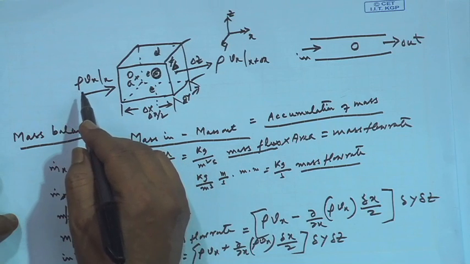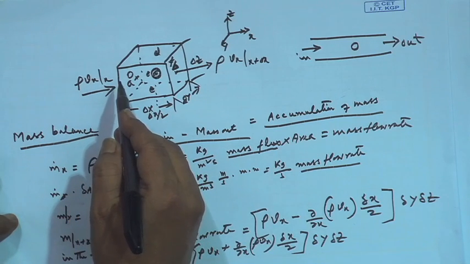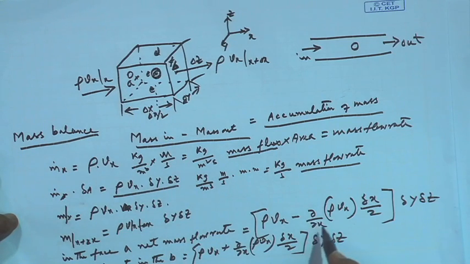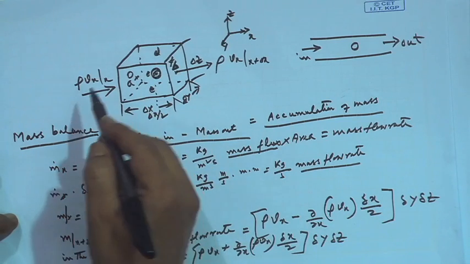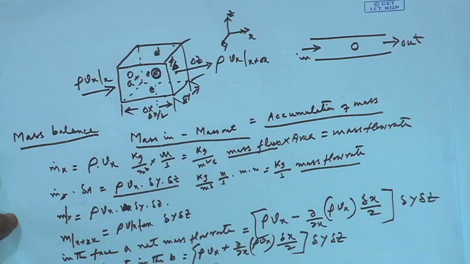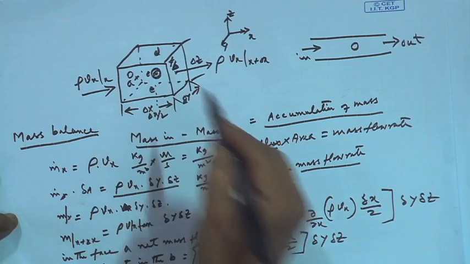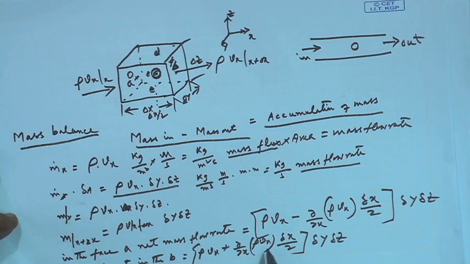So this was rho Vx which has come at the face x, but this del x of rho Vx del x by 2 did not come, so that is why it is minus. And at the face B, rho Vx has come plus this much has come from there due to the distance. So del x of rho Vx del x by 2 del y del z, right.